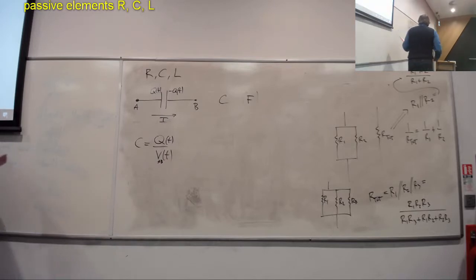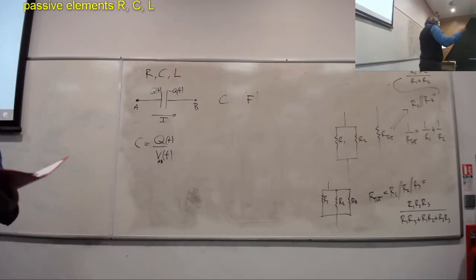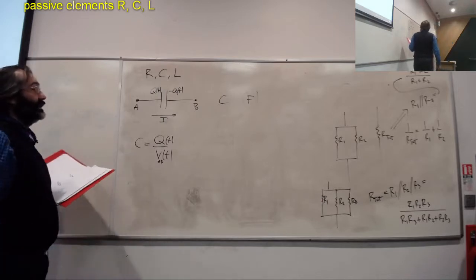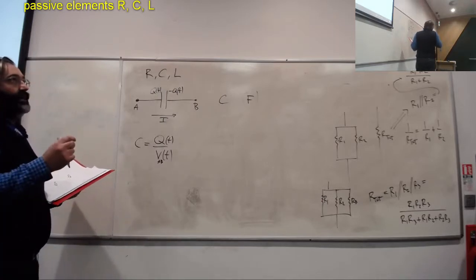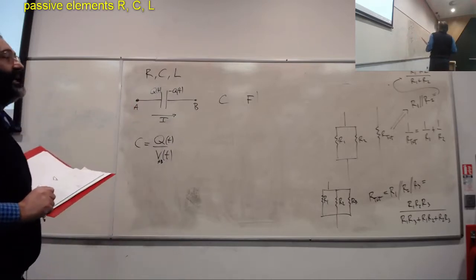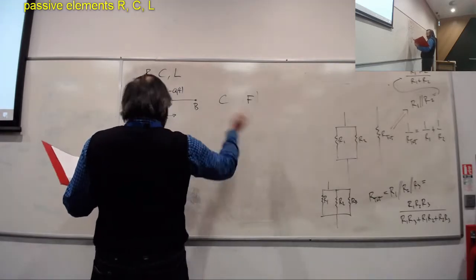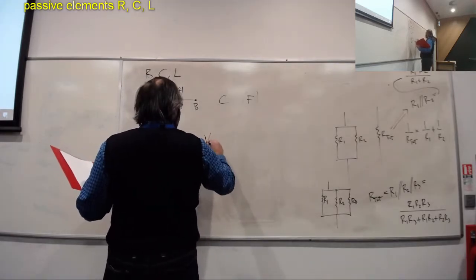Good. And so effectively from this definition, we obtain the integral form and the differential form, the fundamental relations that relate to the capacitor. So the integral is this one here.